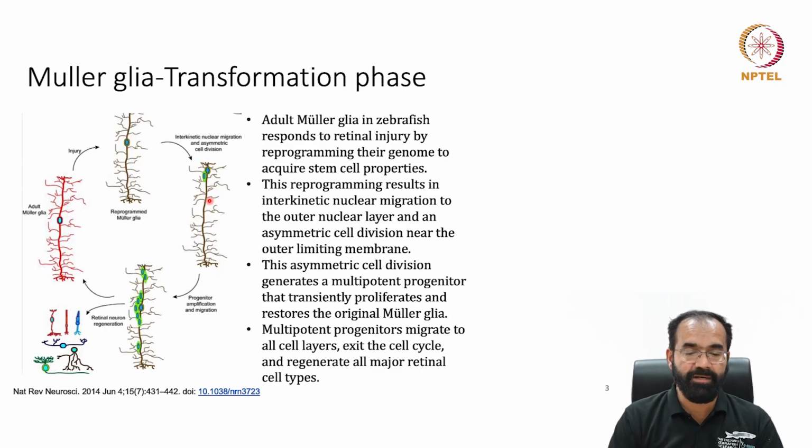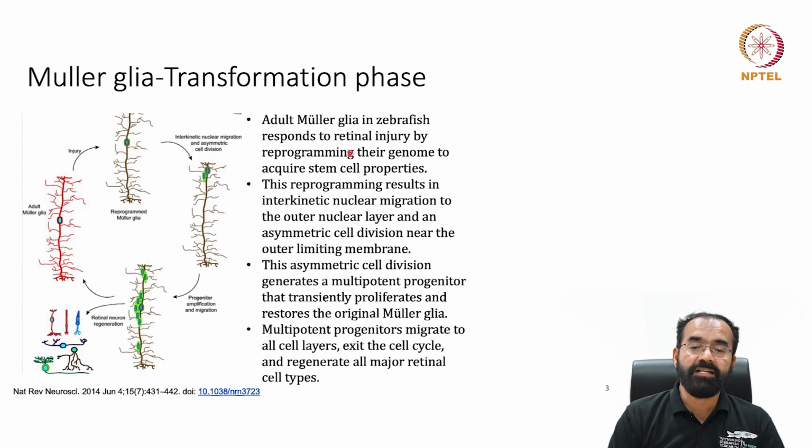It does not have a symmetrical cell division. And these divided progenitors now expand in number, and they will form columns of cells. In the retinal section, you can see it. They expand in number, the progenitor amplification. And these amplified progenitors will now give rise to all retinal cell types. So this is the overall theme of normal regeneration.